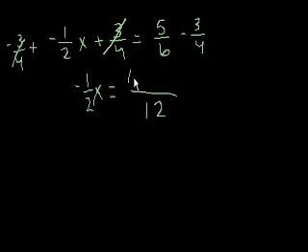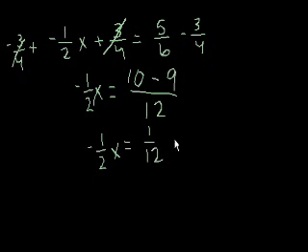So 5 over 6 is 10 over 12 minus 3 over 4 is 9 over 12. So we get minus 1/2 x is equal to 1/12. Hopefully I didn't make a mistake over here. And if that step confused you, I went a little fast, you might just want to review the adding and subtraction of fractions. So going back to where we were.